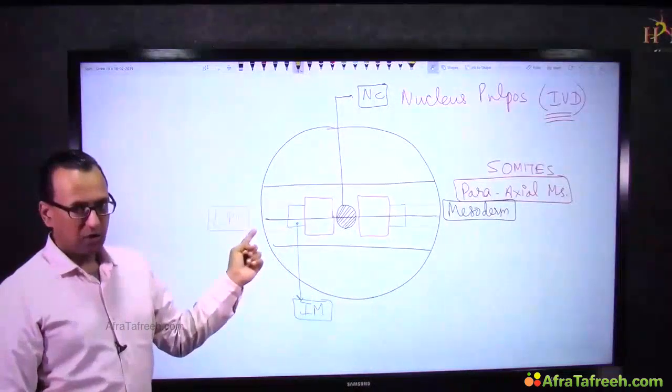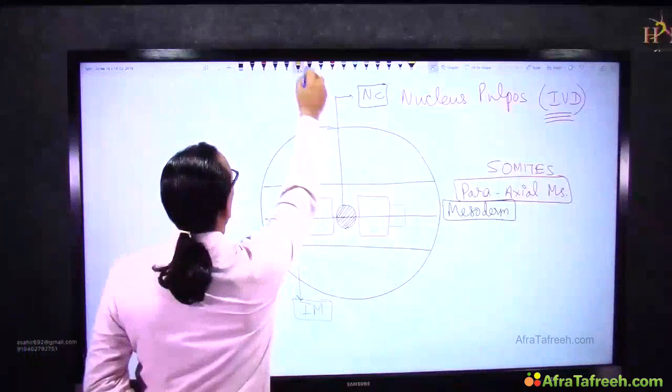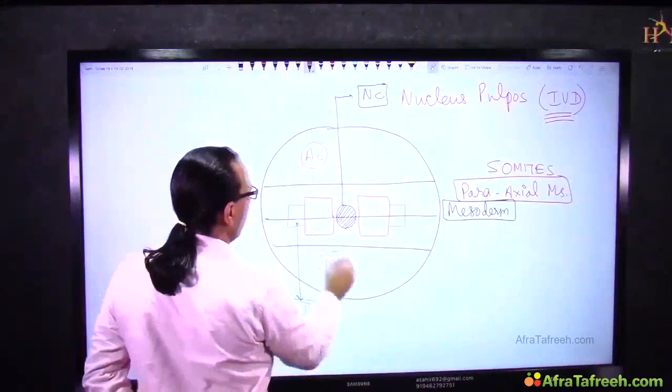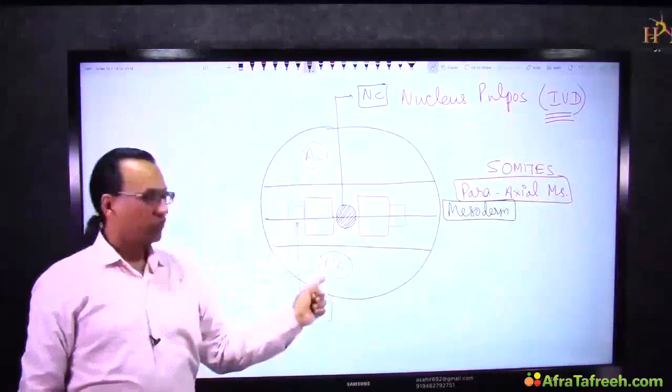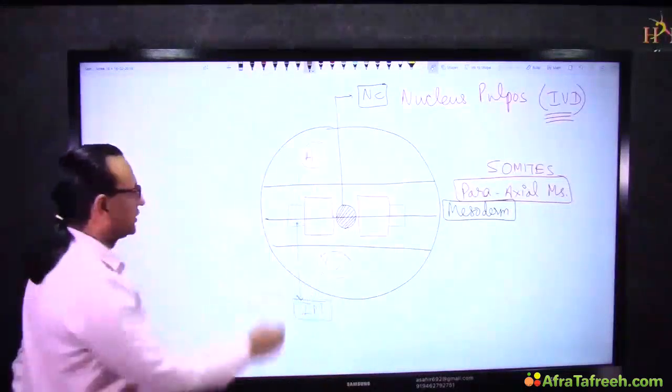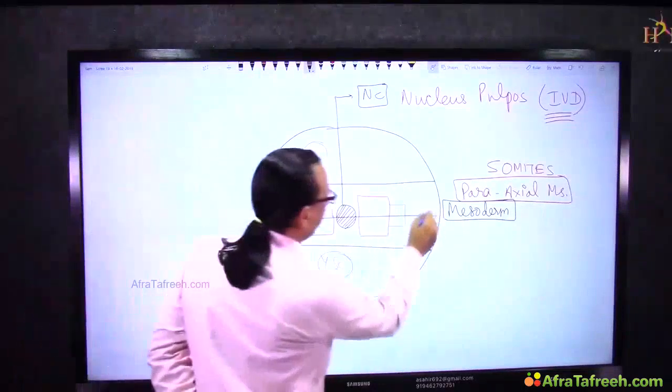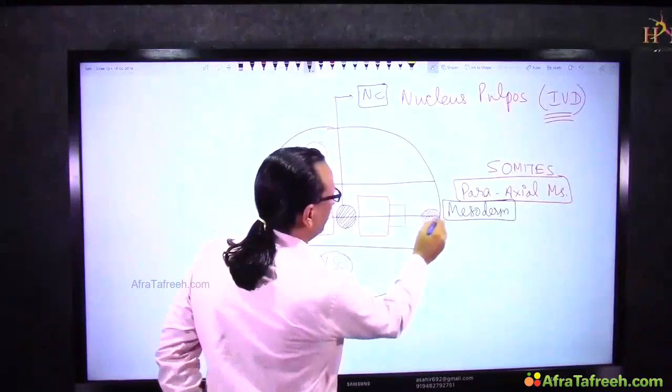In fact, we have already told there is one cavity which is dorsal, the amniotic cavity, ventral, which is the yolk sac cavity, and now the third cavity will come, which is the coelomic cavity. This coelomic cavity is going to divide the lateral plate mesoderm into two parts.